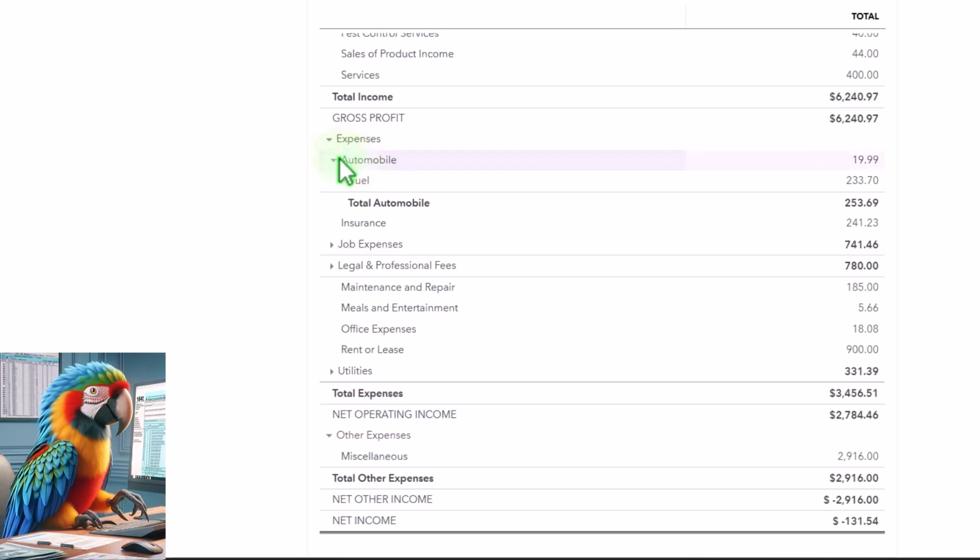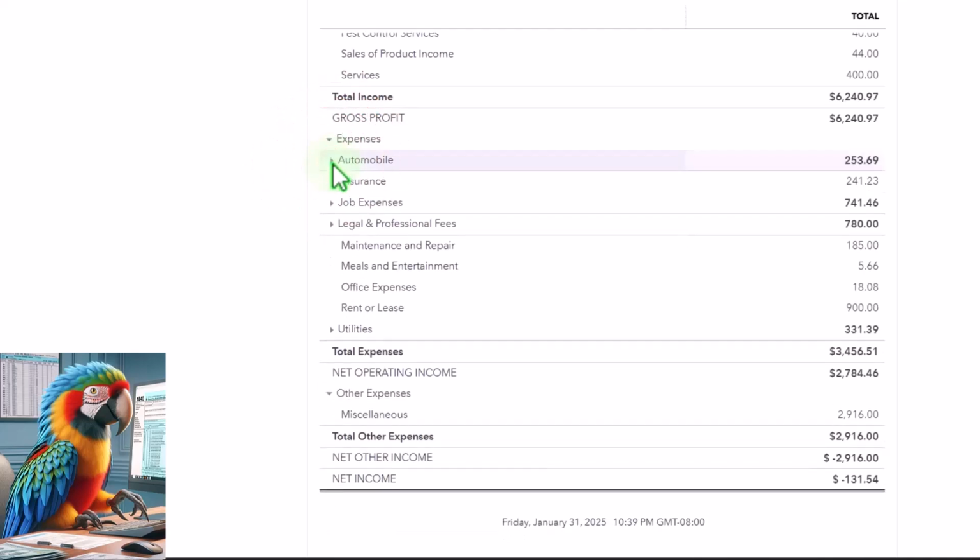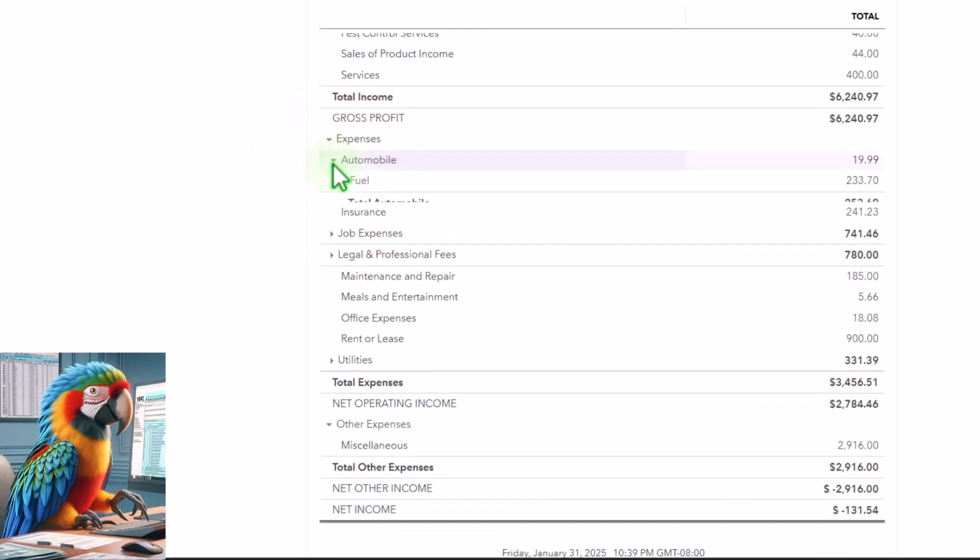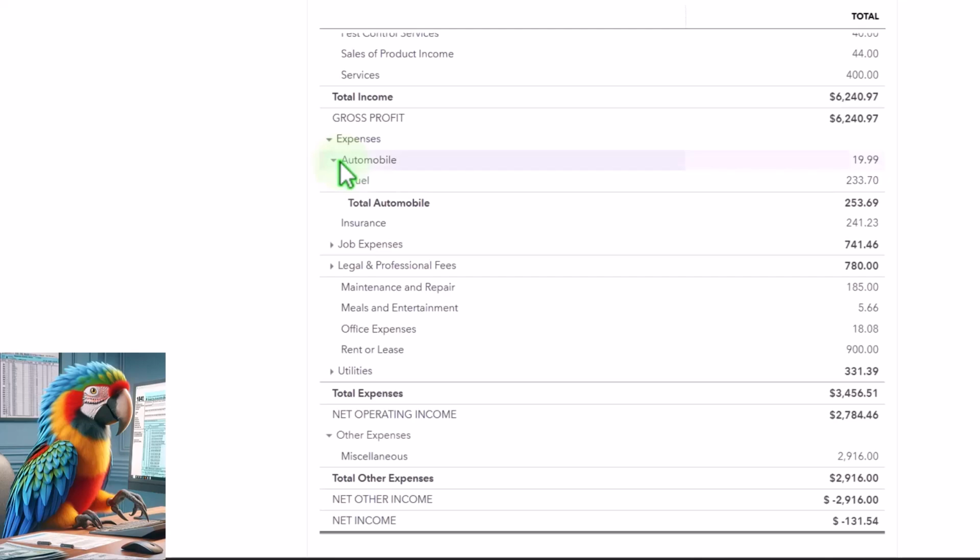You can make a parent account called automobile, which oftentimes you wouldn't post anything to, and then add all the sub-accounts that you're going to be posting to. Notice what that does. It adds a lot more line items on the financial statement, because you're adding more accounts instead of just using one account.